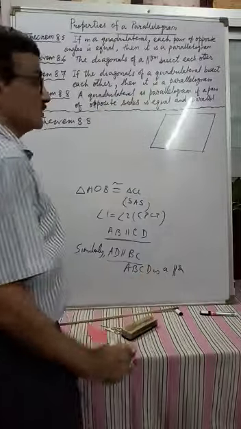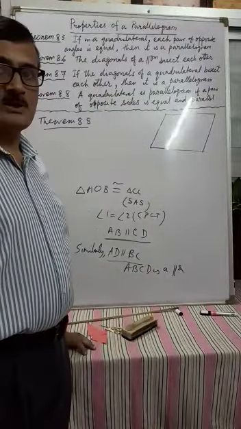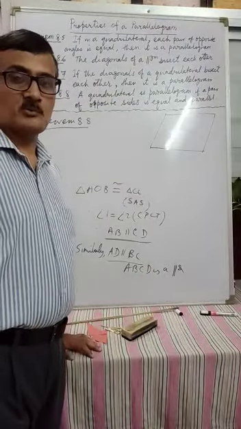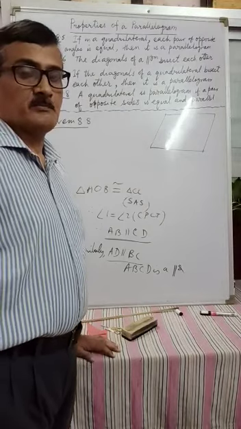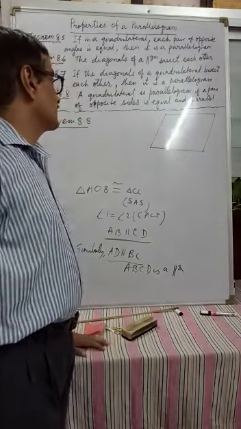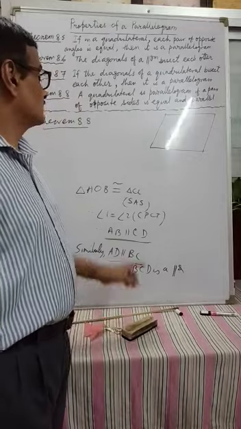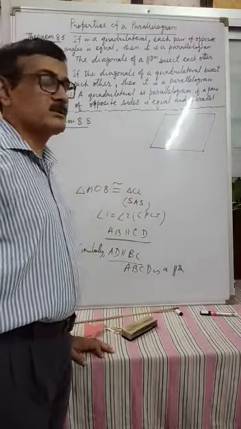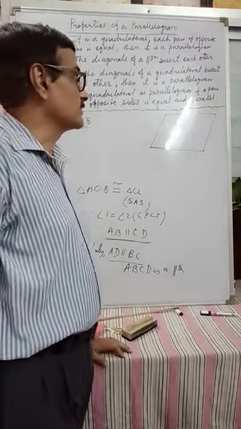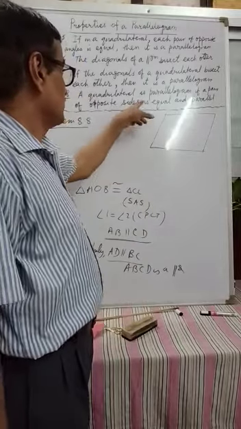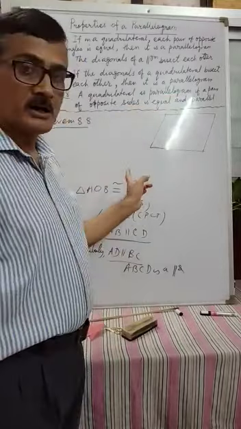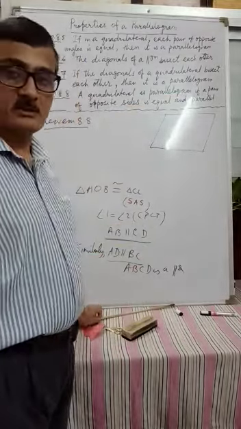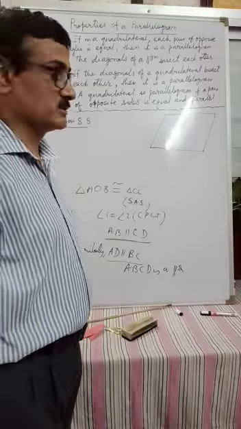We know that in order for a quadrilateral to be a parallelogram, both pairs of opposite sides must be parallel. But it is enough to say that if only one pair of opposite sides is equal and parallel, then also it will be a parallelogram.